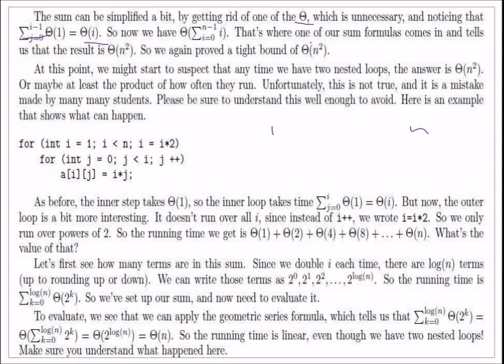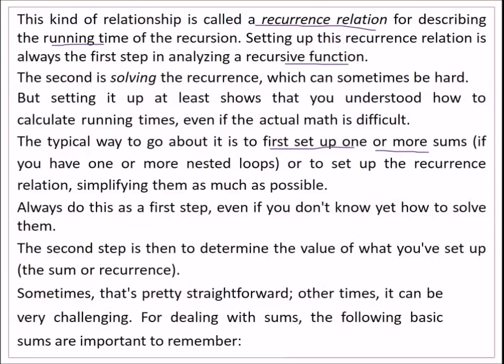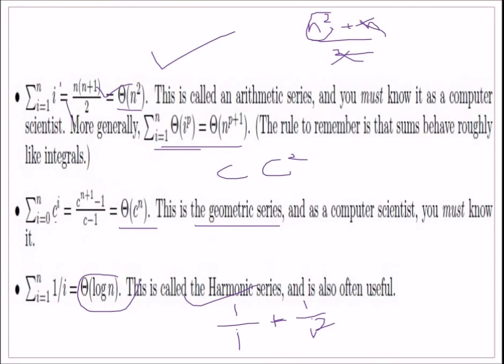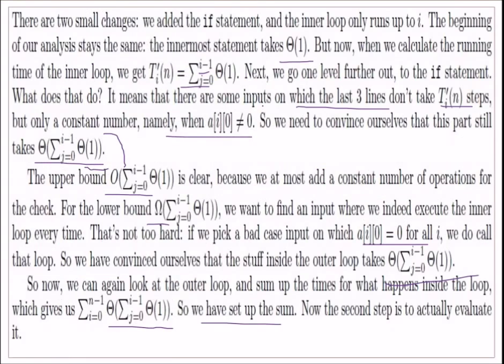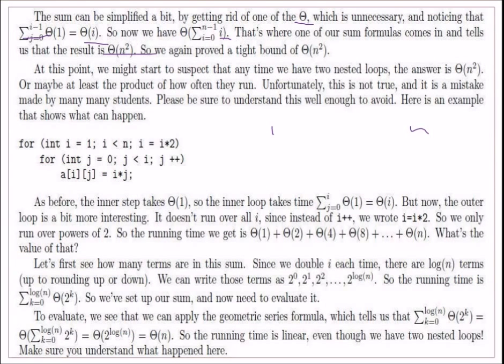That's where one of our sum formulas comes in and tells us that it is actually theta n square. Recall, what was this? Order of n square. So we again proved a tight bound of theta of n square.